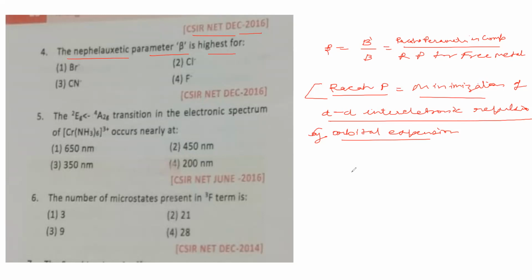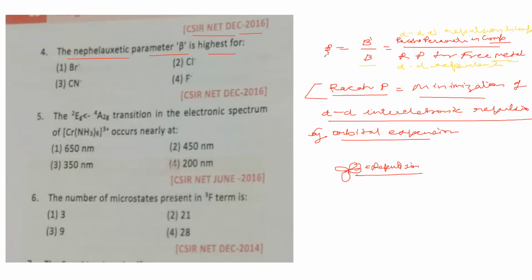For example, this is a d orbital. In the d orbitals, between the electrons there is interelectronic dd repulsion. So B dash is the Racah parameter in the complex, meaning dd electronic repulsion in the complex, and this B is the dd electronic repulsion in the free metal.